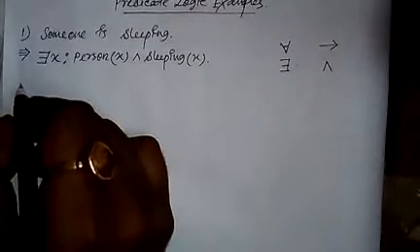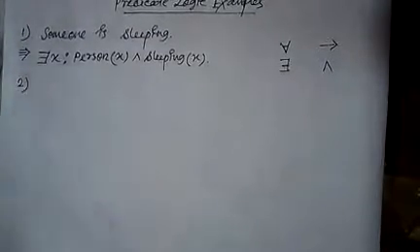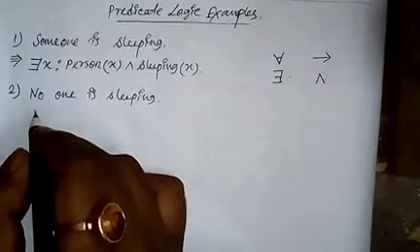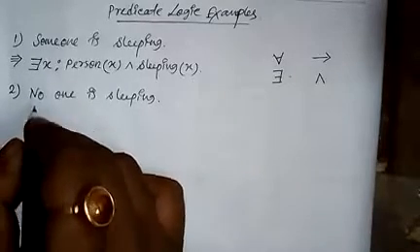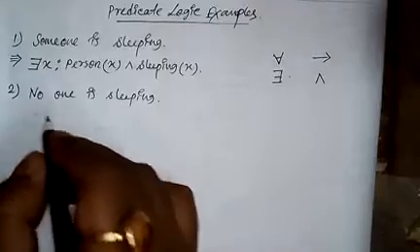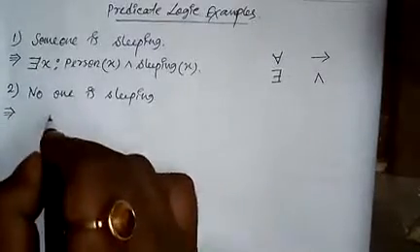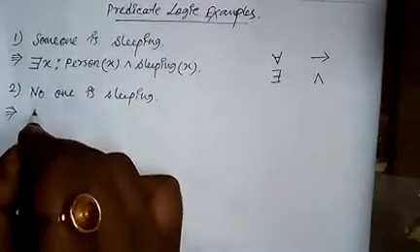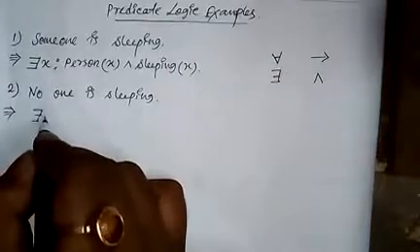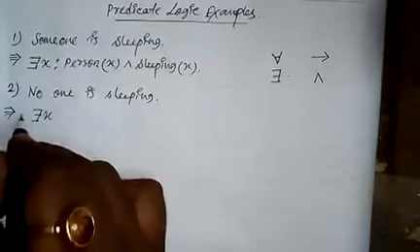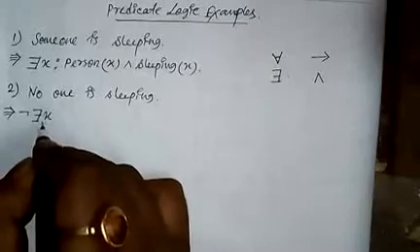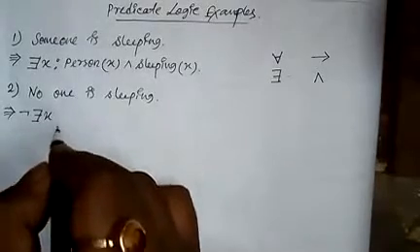So let's go to the next question. The next sentence is no one is sleeping. As we know, there exists x, and if we do negation of this, it will be no one, right?